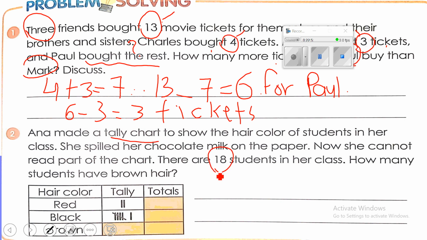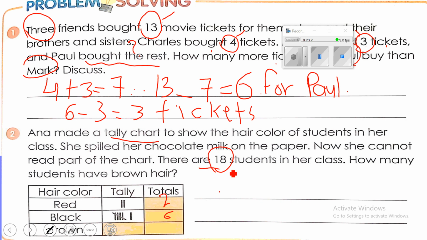Here is the hair color. I have red, black, and brown. She spilled the chocolate milk on the paper so she couldn't see the brown. Let's help her. For red is 2. For black, 5 and 1 is 6. But we don't know the brown. How will we find it?